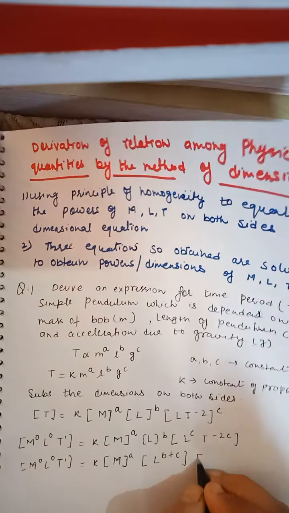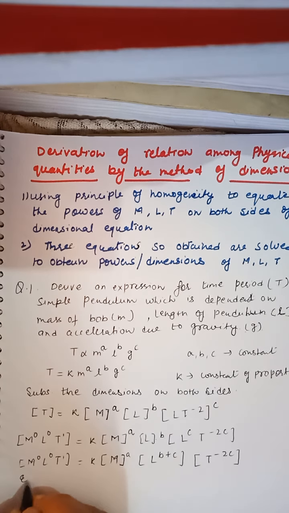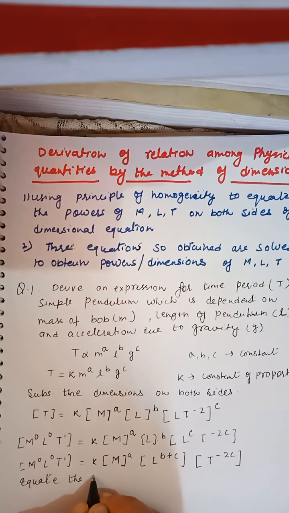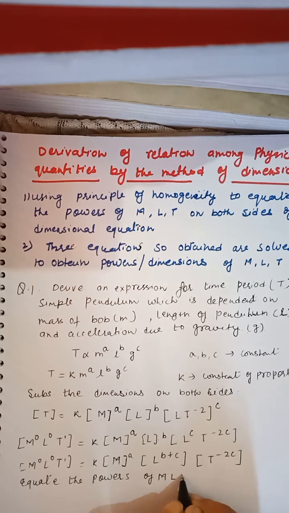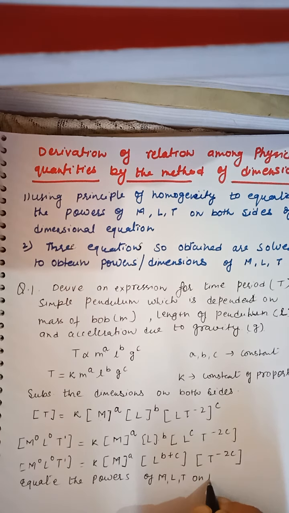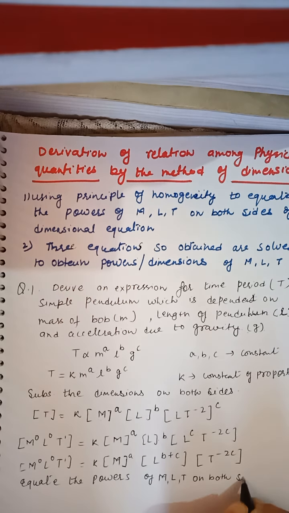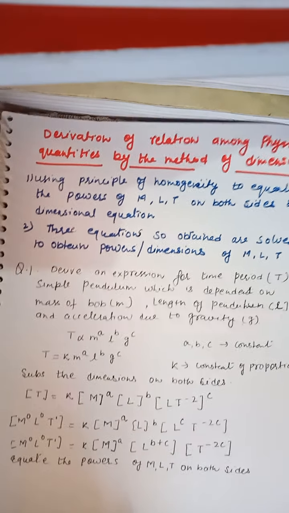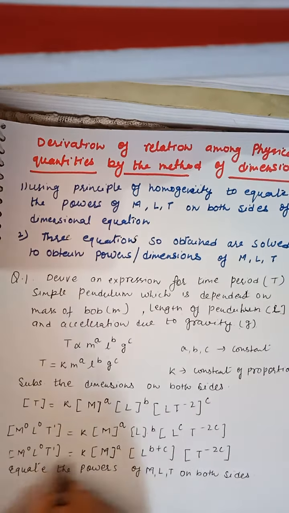Now the next step, you have to equate the powers of M, L, T on both sides. So when you equate the powers, see here M to the power a, here 0.